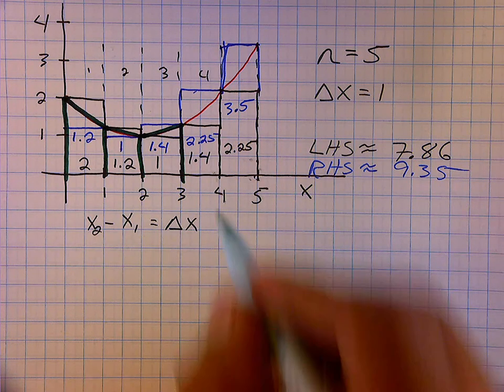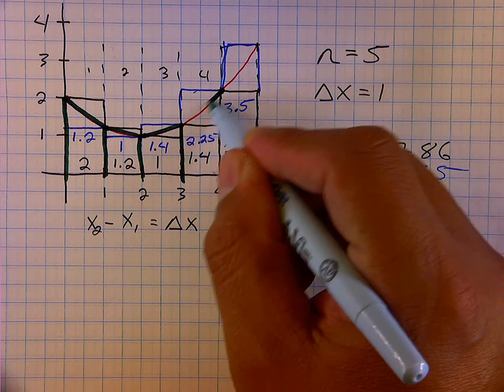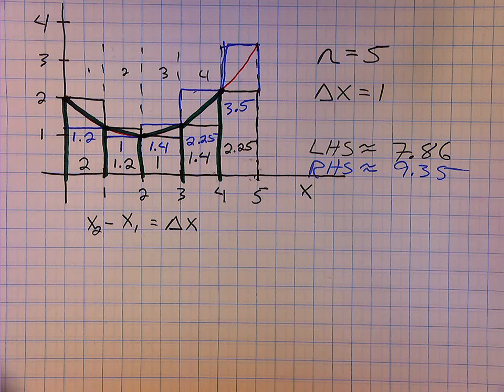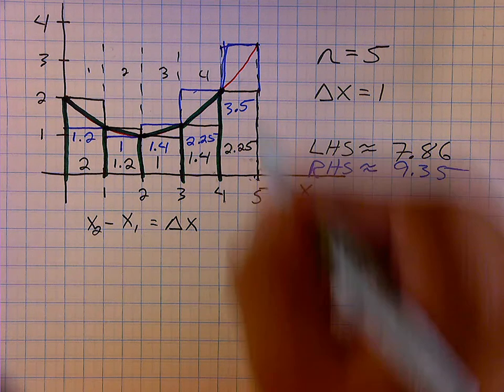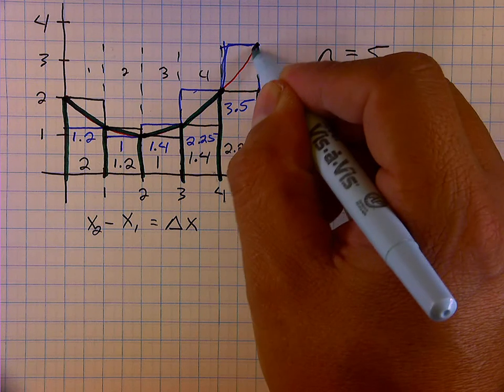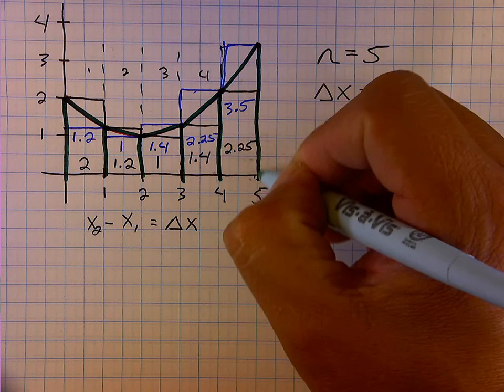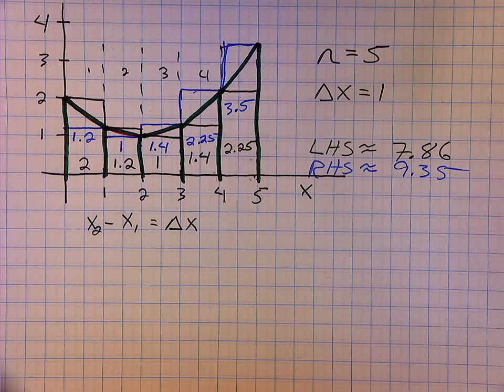The next trapezoid, on the left and right hand side with a straight line, connect the dots. And last but not least, left and right hand sides, connect the dots. I have 5 trapezoids.